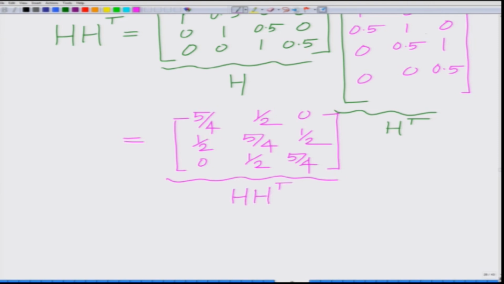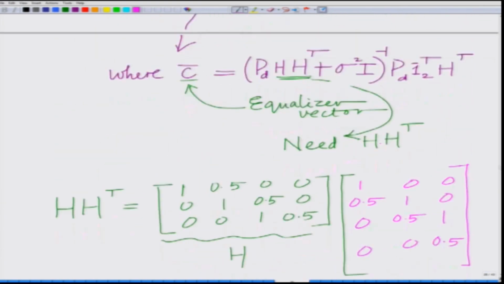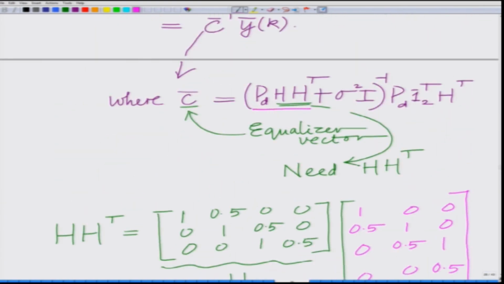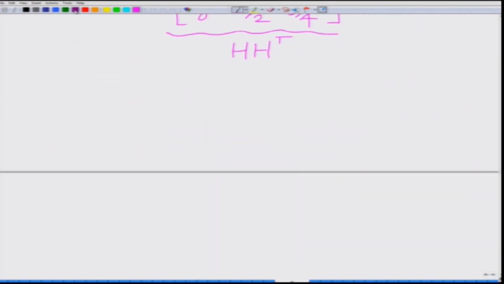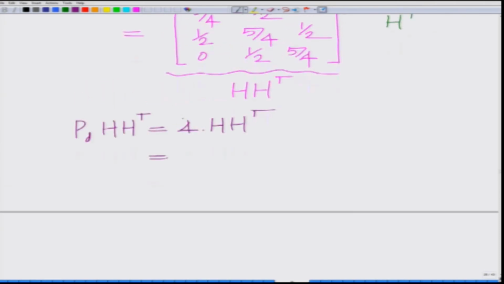Now, we need PD times H transpose. Look at this, this is PD times H transpose, and PD times H transpose is 4 into H transpose, which has been derived above.